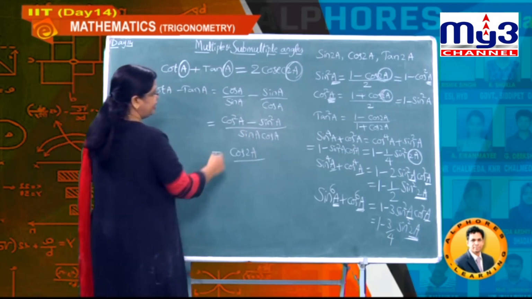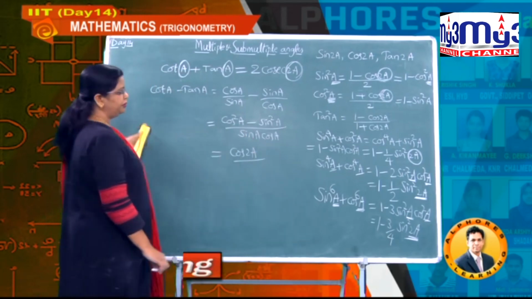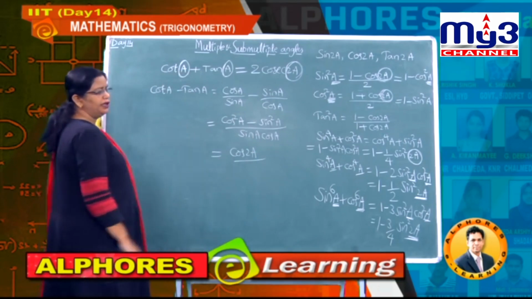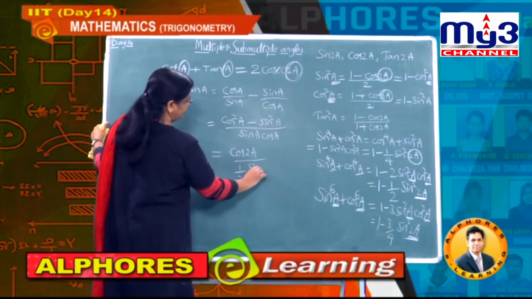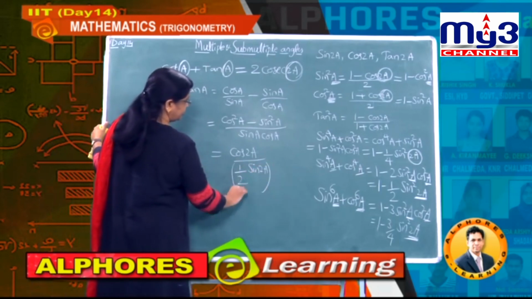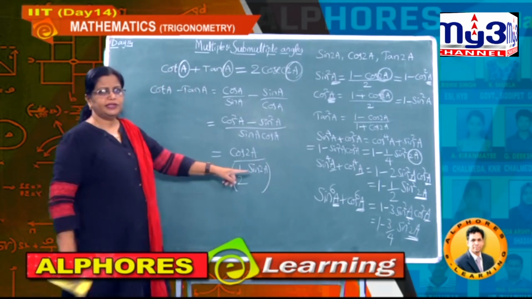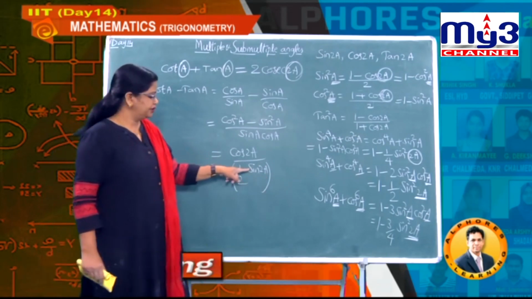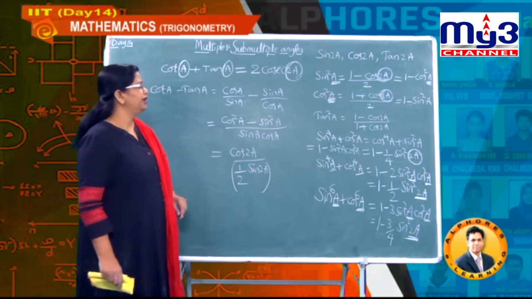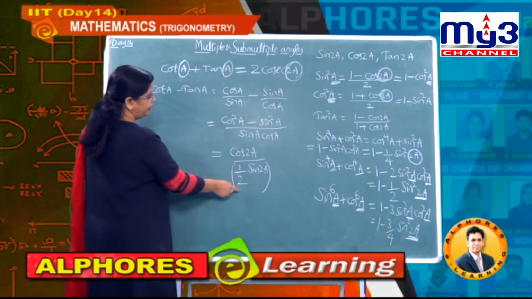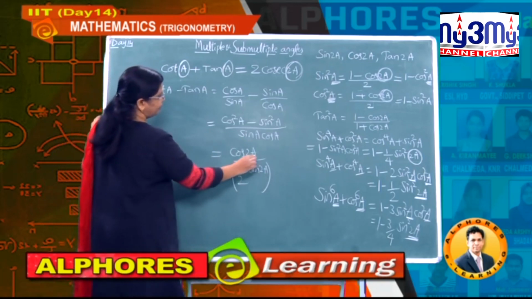And the denominator is what? Don't multiply and divide every time. Whenever you have sin A cos A, simply try to write it as half of sin 2A, because sin 2A is 2 sin A into cos A. So 2 gets cancelled, therefore you get half sin 2A. Now 1 by half means it is 2 times.